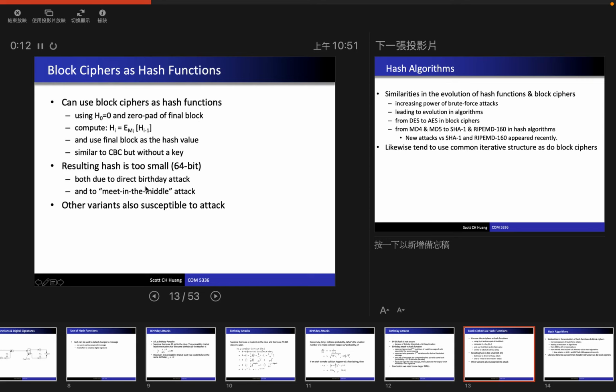This can be CBC, but you need to have a key, right? So such a thing cannot be used as an ordinary hash function because it needs a key. However, it can be used as a message authentication code, because for a message authentication code we basically need a key. It's a keyed hash. So in that case, it works. But you cannot use that as a general hash function.